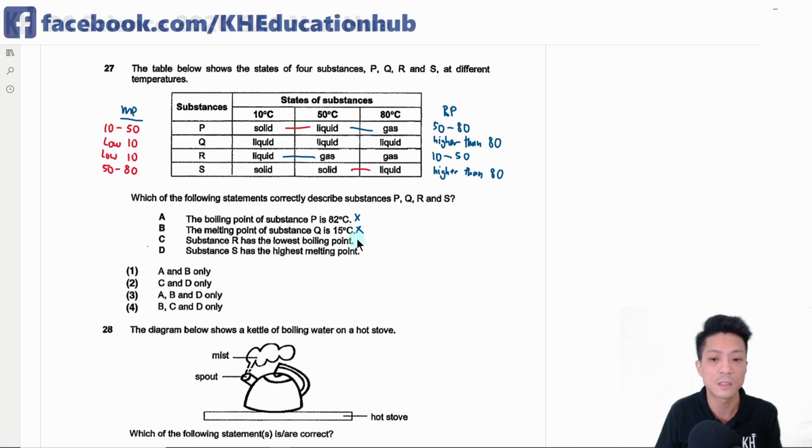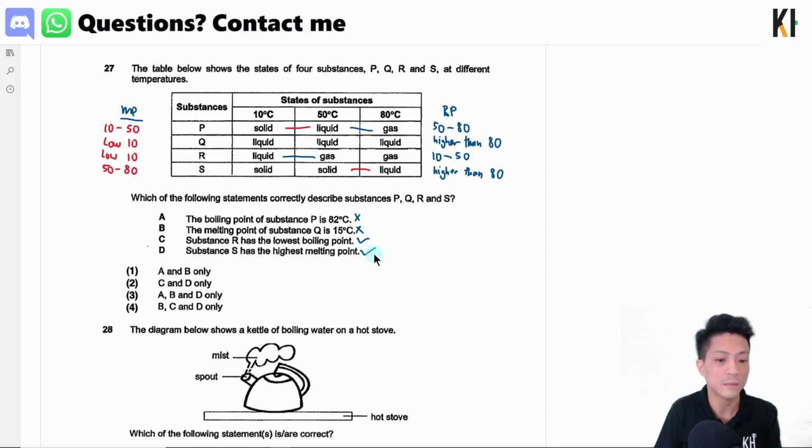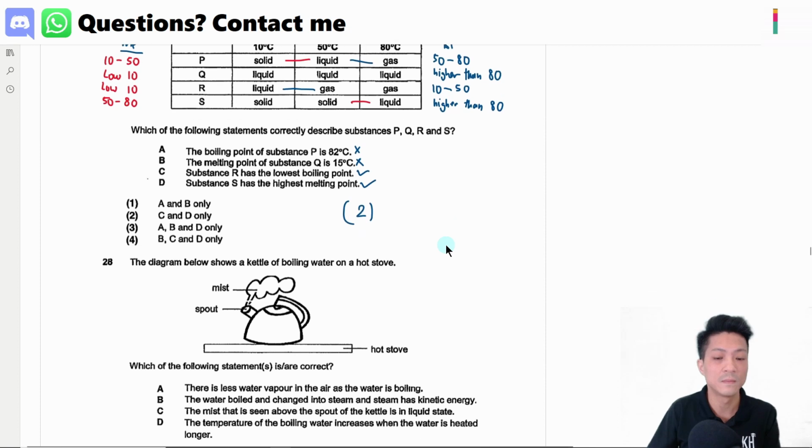Yes, because the boiling point of substance R is 10 to 50. Substance S has the highest melting point. Yep, 50 to 80. Okay, so the answer should be number 2, C and D.